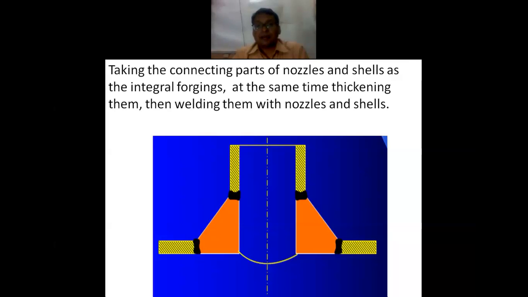At the same time, the thickness is increased by welding them with the nozzle and the shell. This is the shell and this is the nozzle. This is the integrally forged part that is available here. That is also an integral nozzle. And after that you are welding the nozzle component.